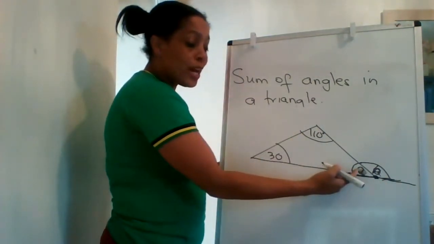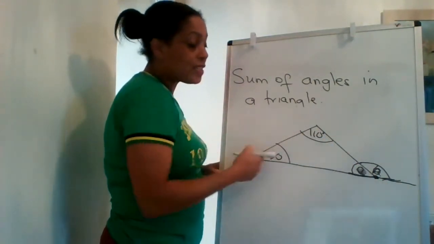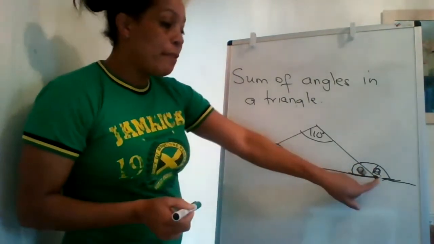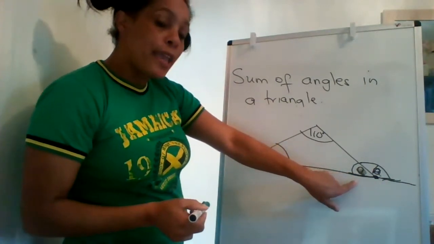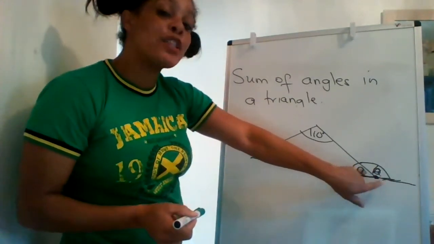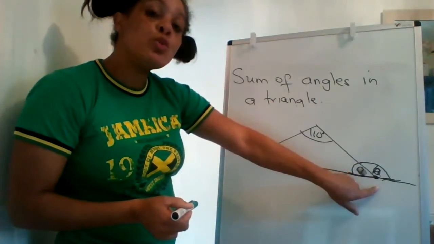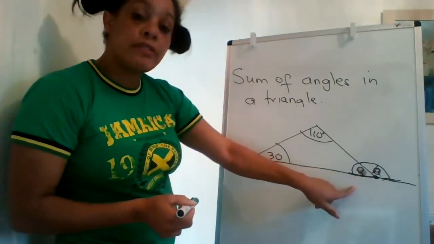We also know that A is one of the angles inside the triangle. So we could find B if we know the value of A, because angles on a straight line add up to 180 degrees. We can't find B at the moment because we do not have enough information. We need to find A.